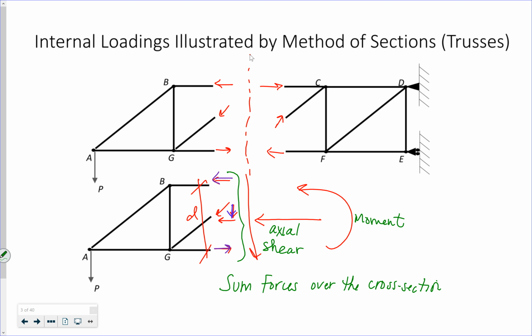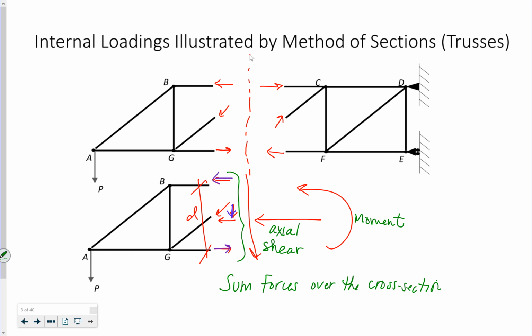Now instead of individual members like the chords and the diagonals, we're going to have a complete cross section. Rectangular, T, circular, who knows what the cross section is, but it's going to be solid.